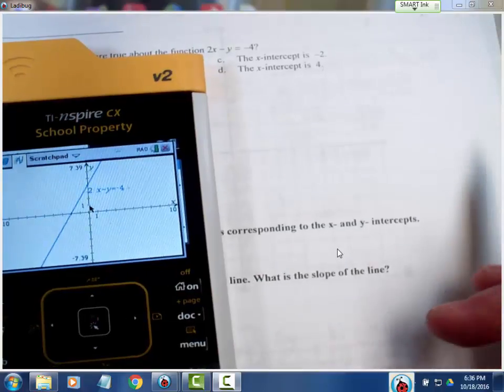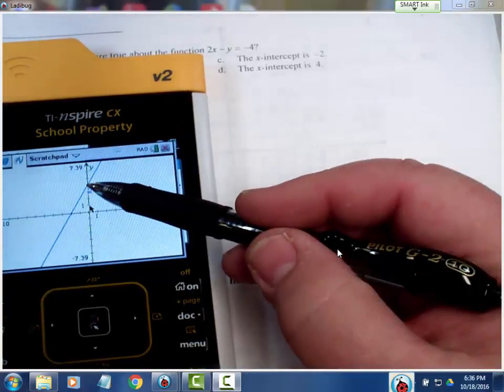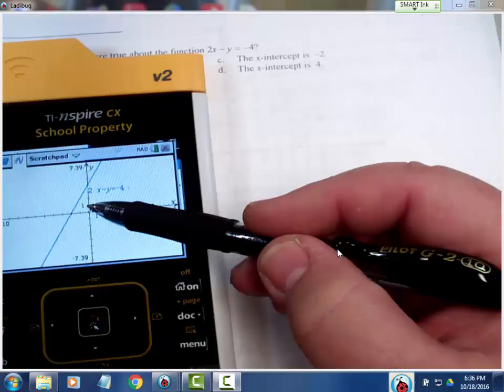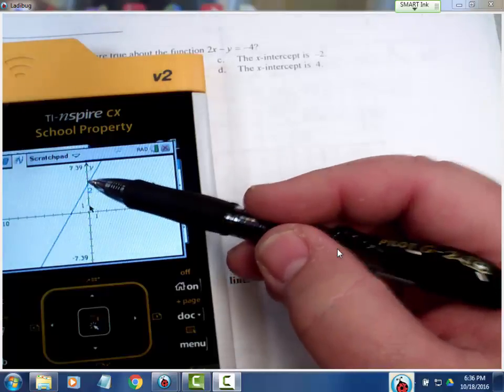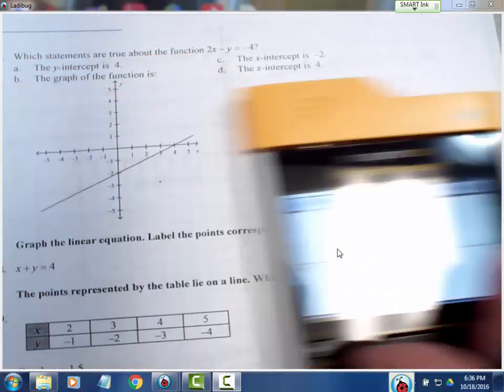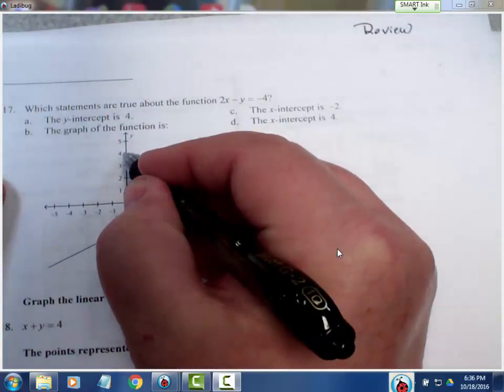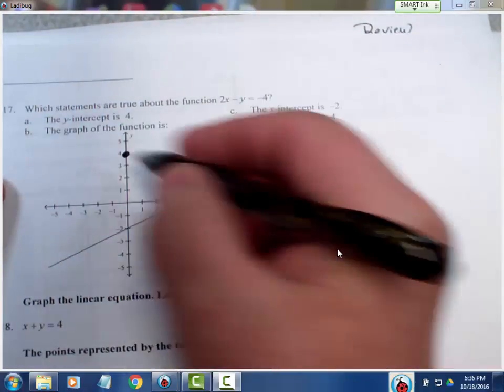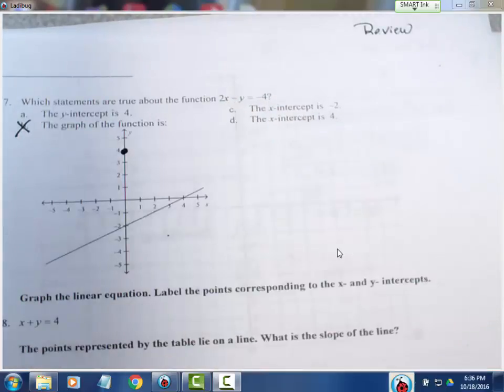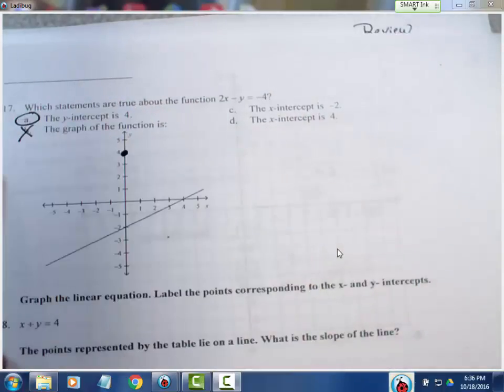Okay. So I'm looking and it's crossing the y-axis at 1, 2, 3, 4, positive 4. Okay, so I look at my choices here and there's 4 on my y-axis, so this graph is not a true statement. Okay, but it is crossing at 4, so A is a true statement.